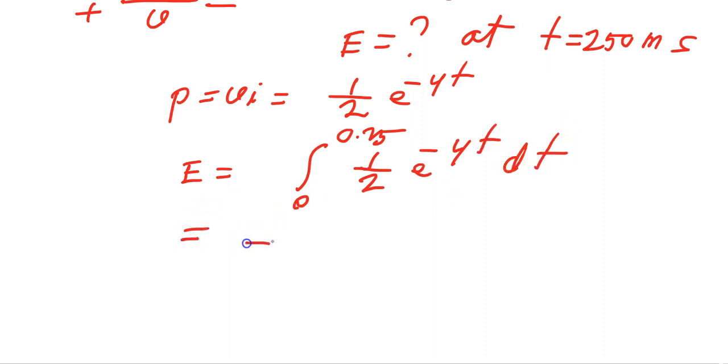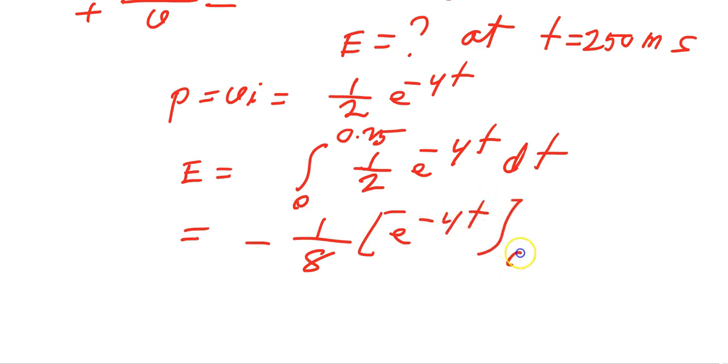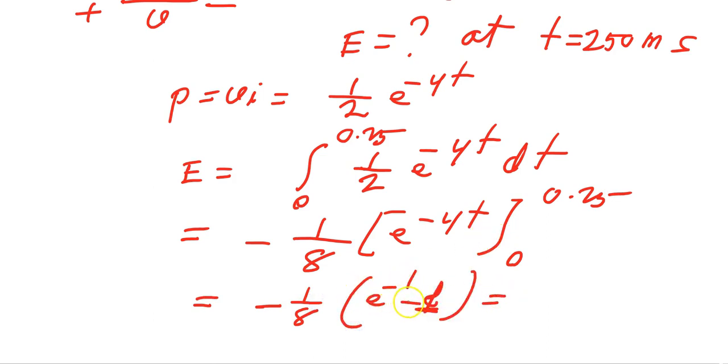A simple integration: minus 1/8 e^-4t from 0 to 0.25. So you will get minus 1/8 times (e^-1 minus e^0, that is 1).